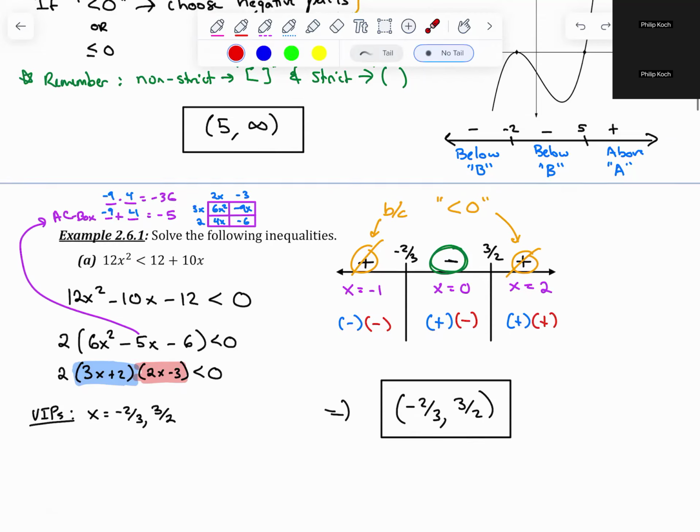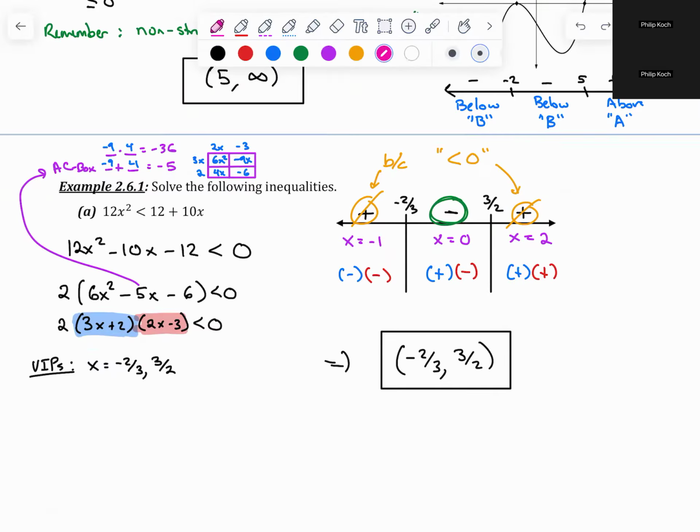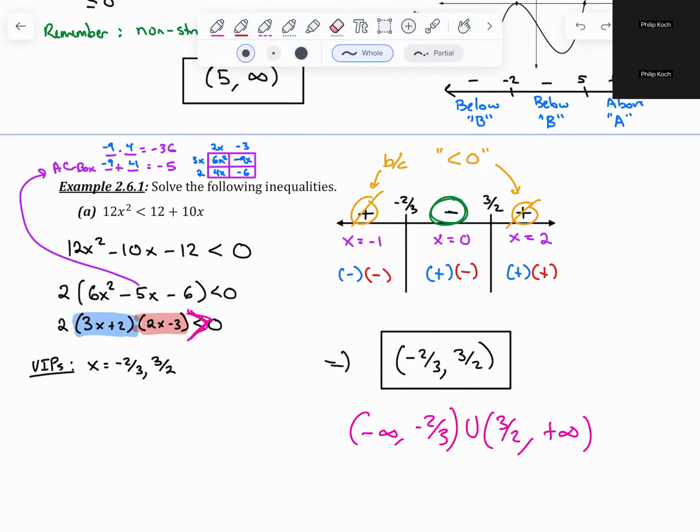That's correct. So if this question had instead been this, then the answer would be negative infinity to negative 2/3 parenthesis union parenthesis 3/2 to positive infinity. So we can even add that as an aside.